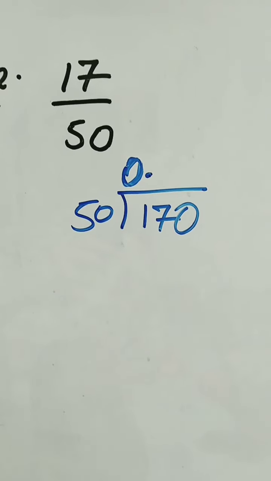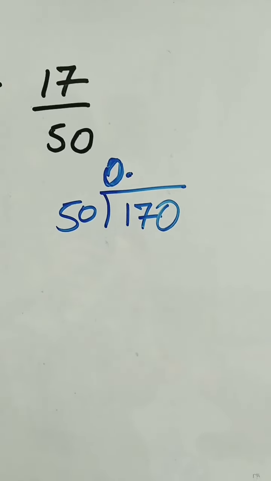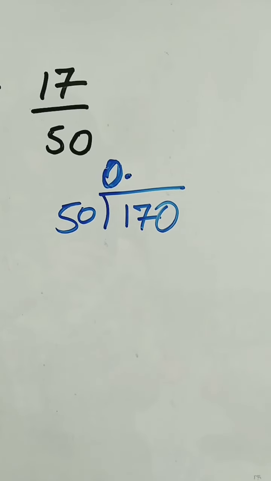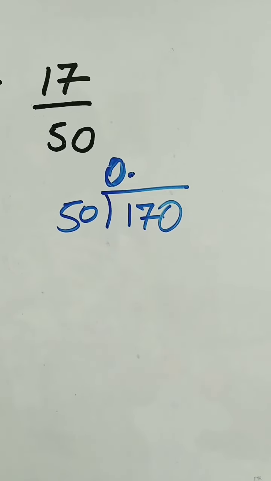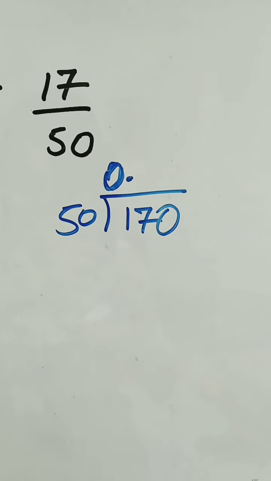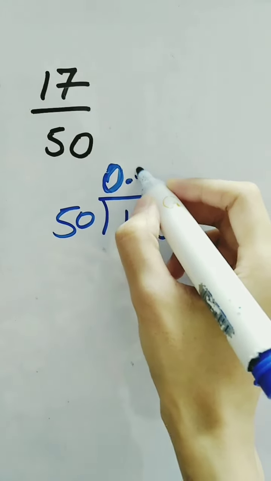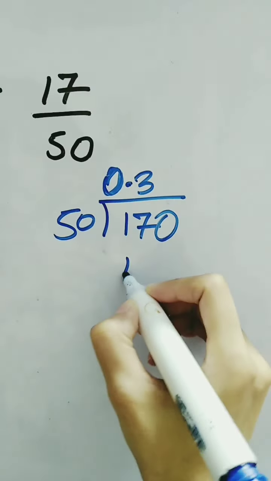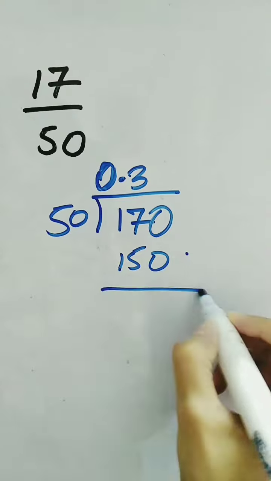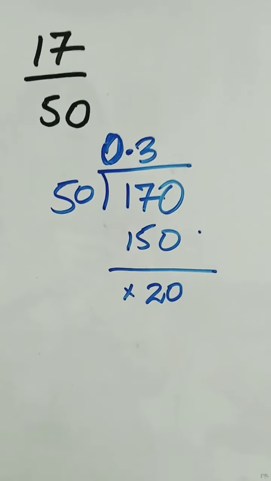Now we know that in the table of 50, we have 150 when 50 is multiplied with 3, and if 50 is multiplied with 4, it becomes 200. So the nearest value is 150, which is a multiple of 50 into 3. Now we have 20.